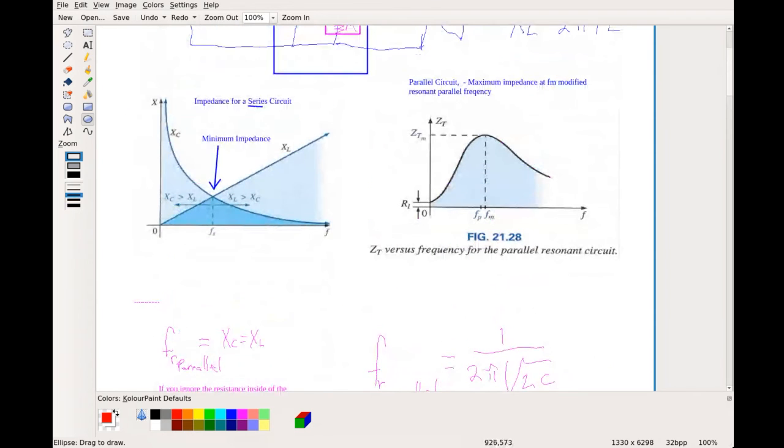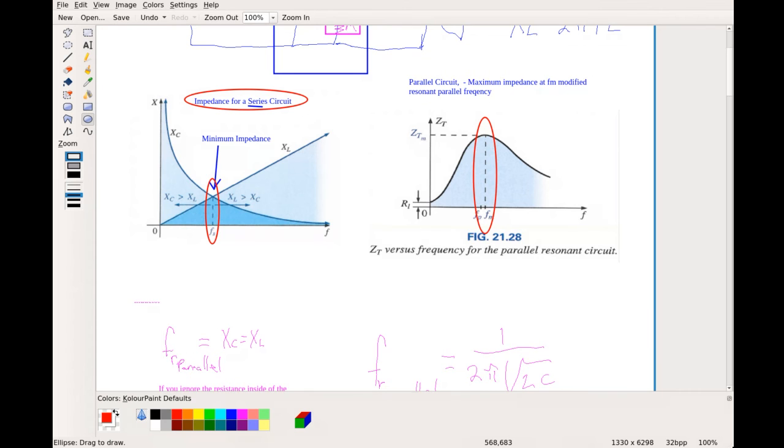All right, so notice that the impedance for a series circuit, the minimum occurs at that resonant frequency, but for a parallel, you get a maximum impedance at resonance.